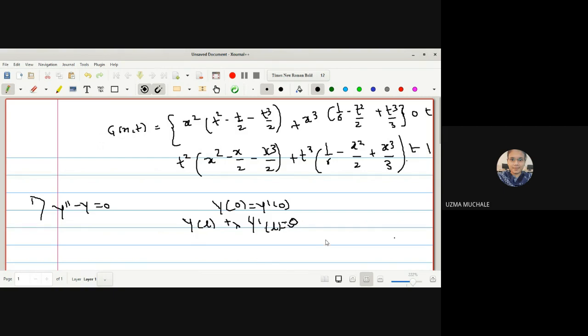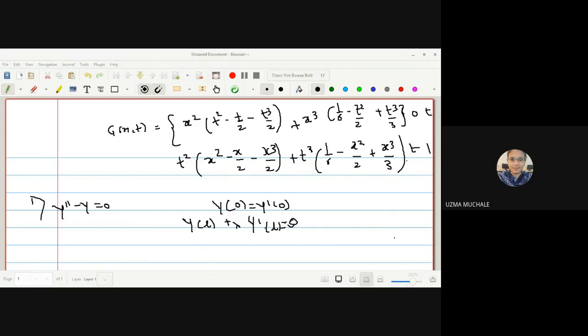Okay, so these are the boundary conditions. Up to now we have seen boundary conditions given with some constant number, but here they are given as some relation among themselves. That is y of 0 is equal to y dash of 0 and y of L plus lambda y dash of L is equal to 0.